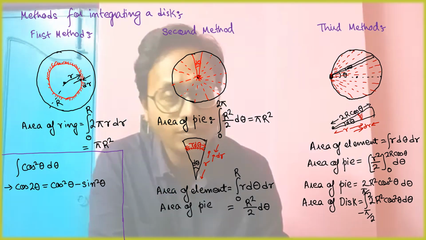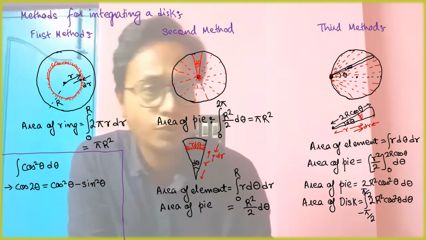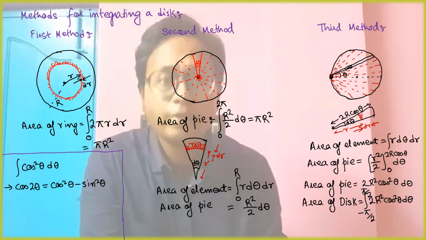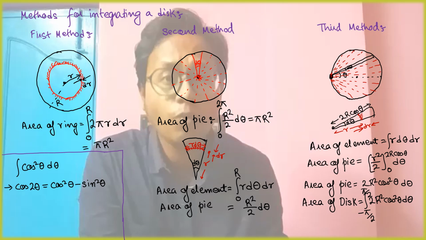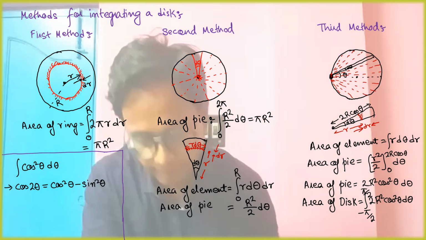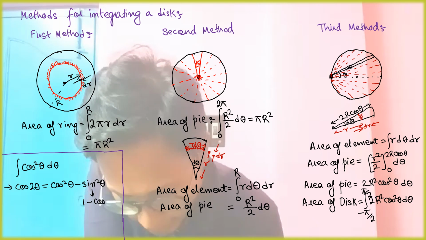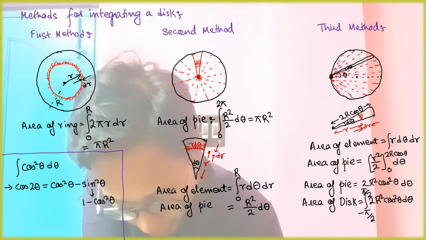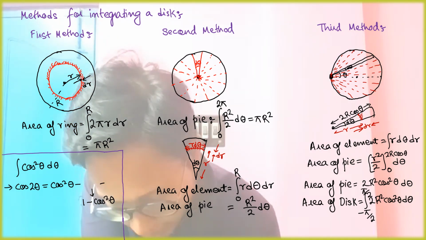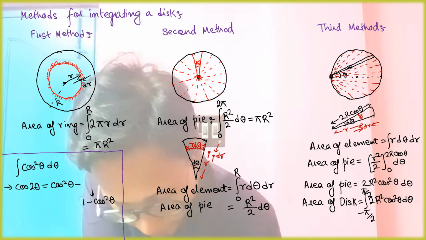And you already know sin square theta plus cos square theta is equal to 1. Okay, so sin square theta can be written as 1 minus cos square theta, isn't it? Because cos square theta plus sin square theta is equal to 1. So if I substitute out here, I'll get 1 minus cos square theta.